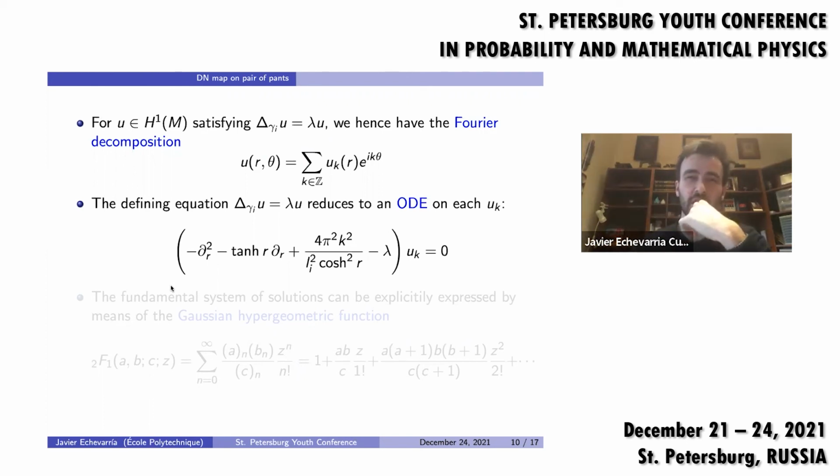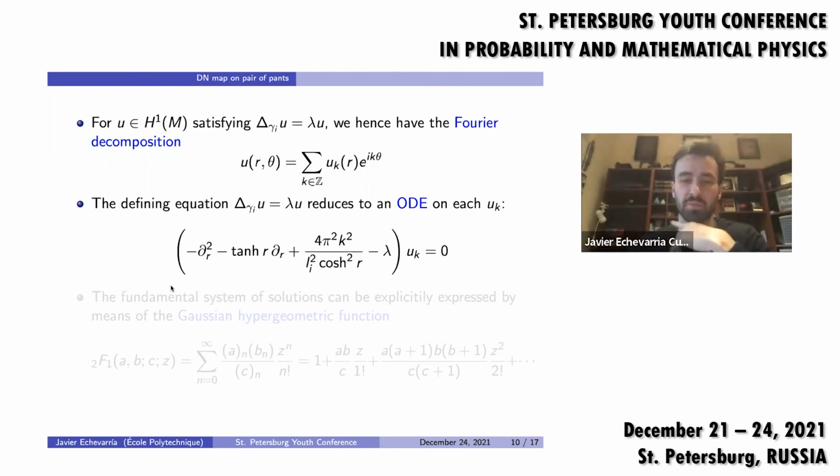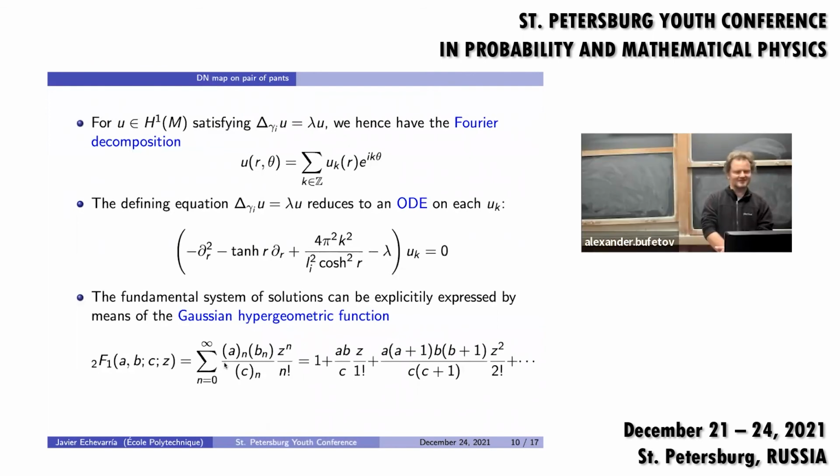It's if you change this r into 1 over the hyperbolic cosine of r. I can send it to you. I'm pretty sure that's the one, but there's a change of variables that puts it into basically the defining equation of a hypergeometric function. Okay, perfect. Thank you very much.